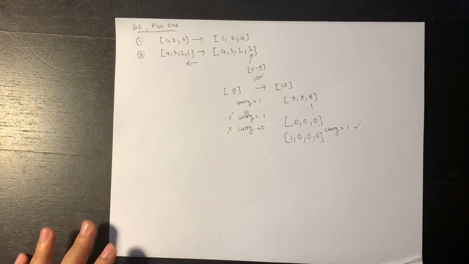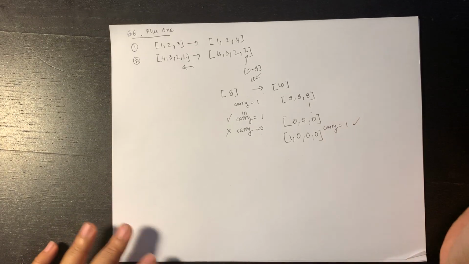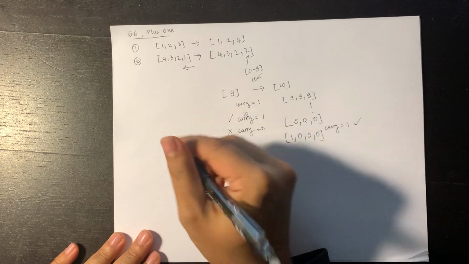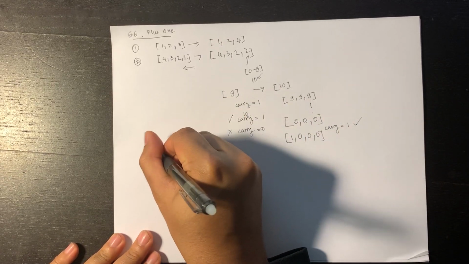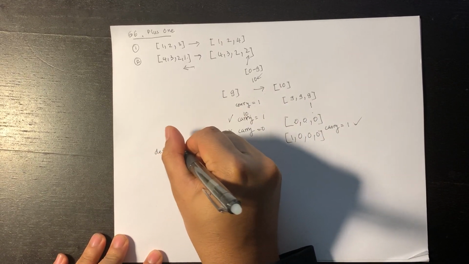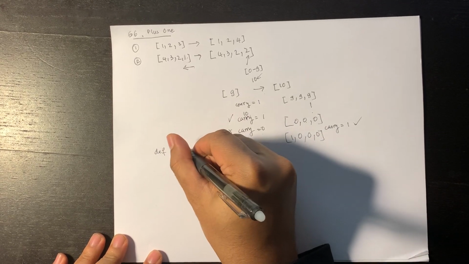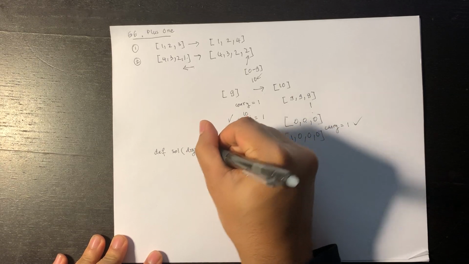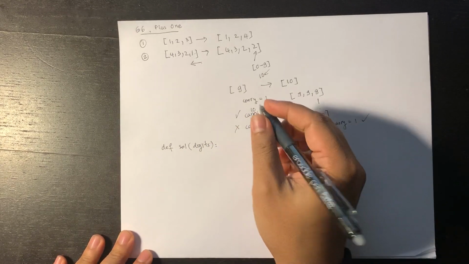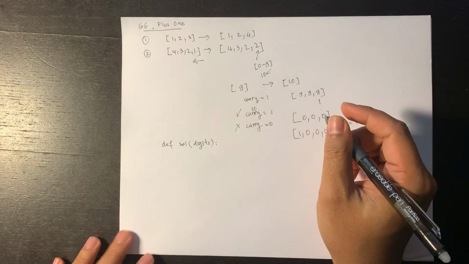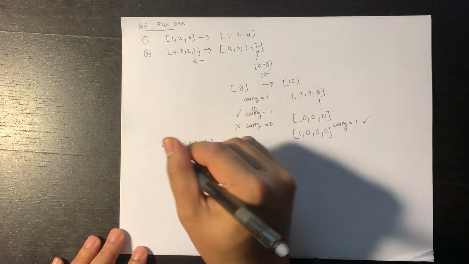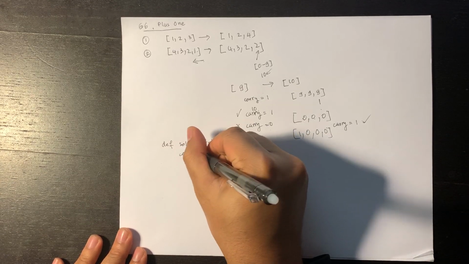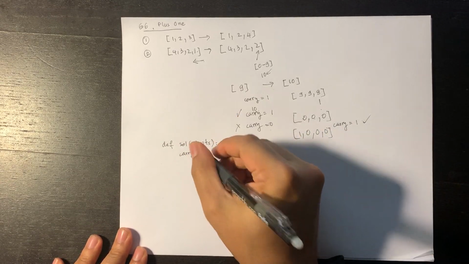So let's write some code. Like I said, we want to traverse from right to left. Let's define solution, and the array that we got is called digits. I want to create a variable called carry, and carry starts with 1.